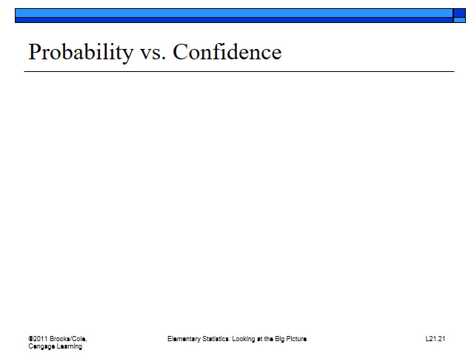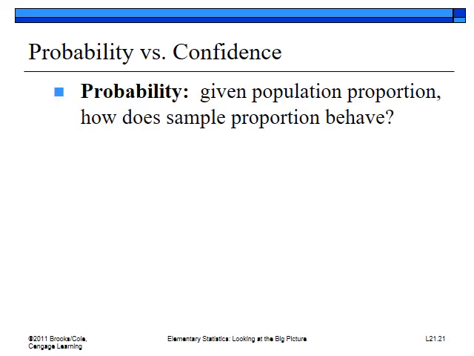First, a quick word about the difference between probability and confidence. In the context of our problem, when we talk about probability, we're talking about a known, given population proportion, and we want to know how different samples might behave. On the other hand, the situation we find ourselves in now is one in which we don't know the population proportion.